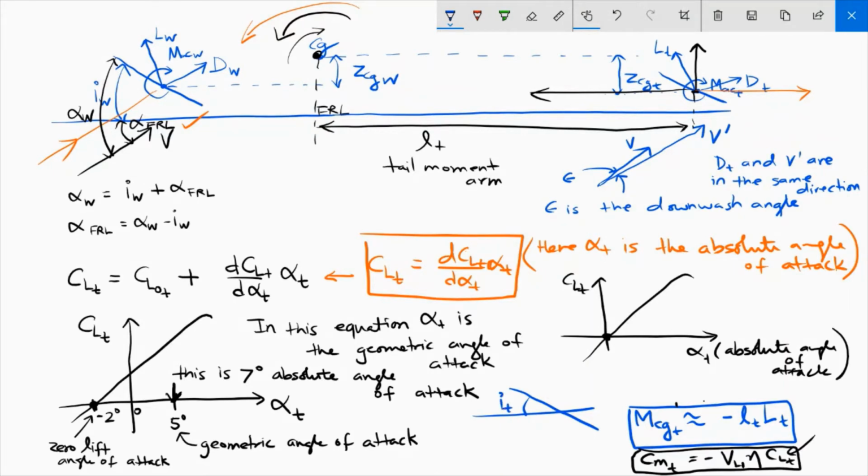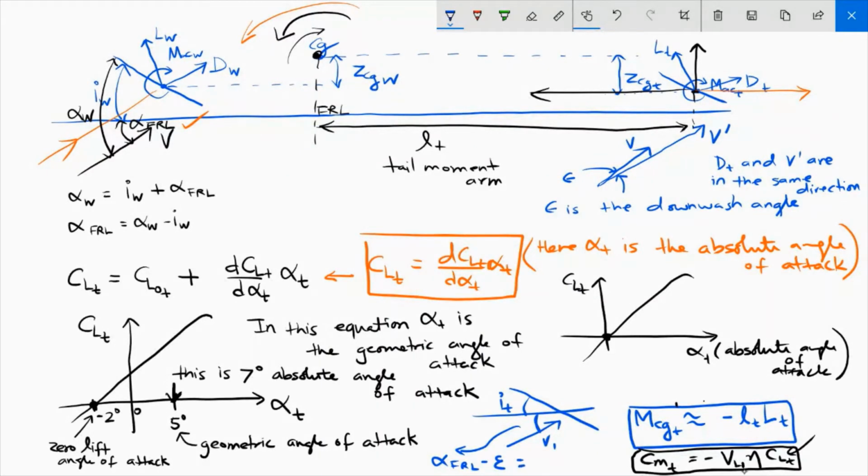So this is your IT, and we know that this V prime makes an angle here which is equal to alpha fuselage reference line minus the downwash, right, that we have already talked about today.